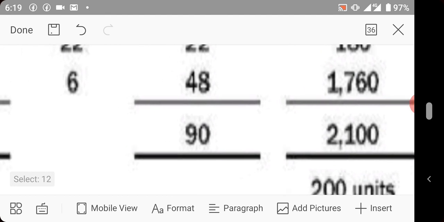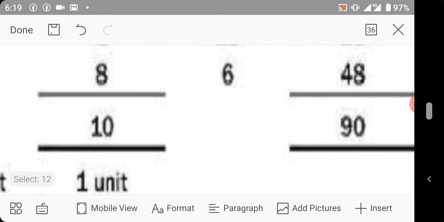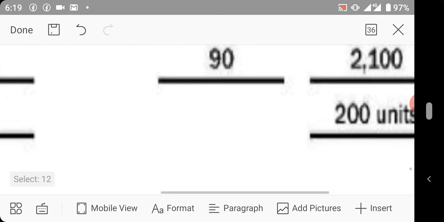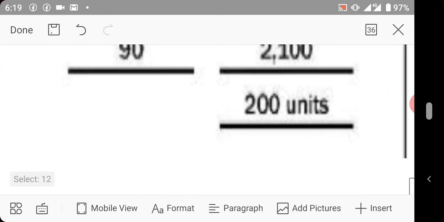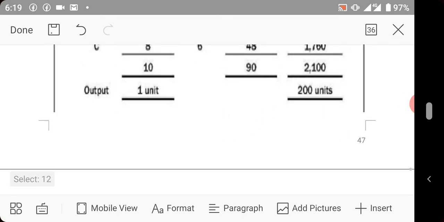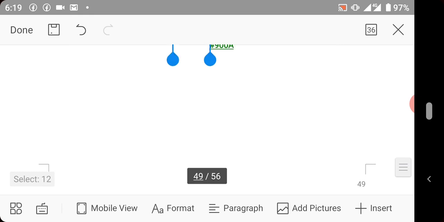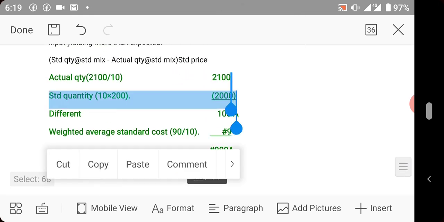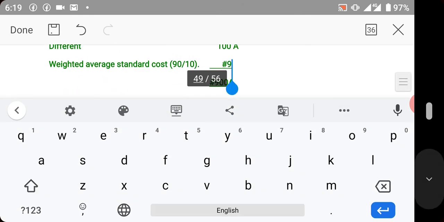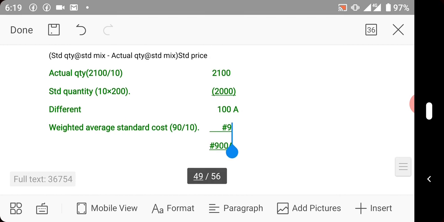Then to get your standard quantity will now be 10 standard kilo per unit times actual units produced, which will give you 2,000. So that is how this 2,000 was gotten. So 10 times 200 will give you this. So the difference will give you 100.